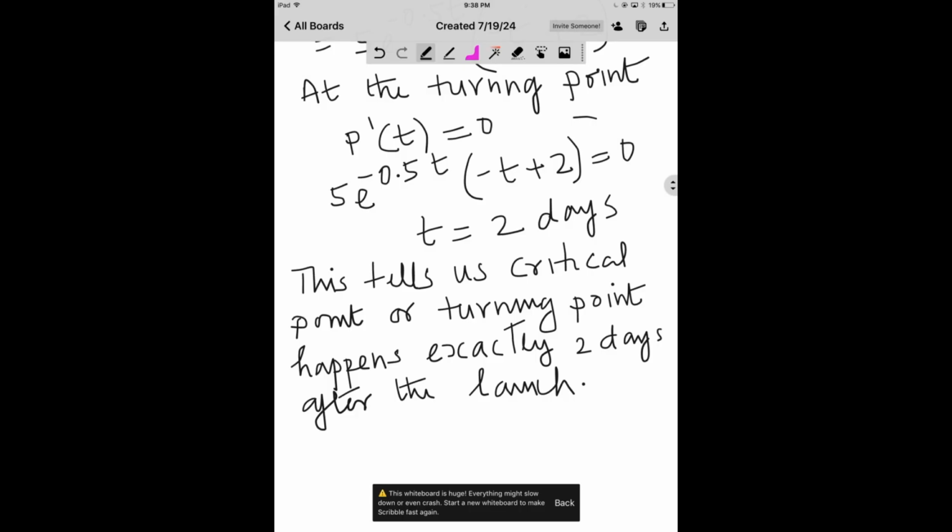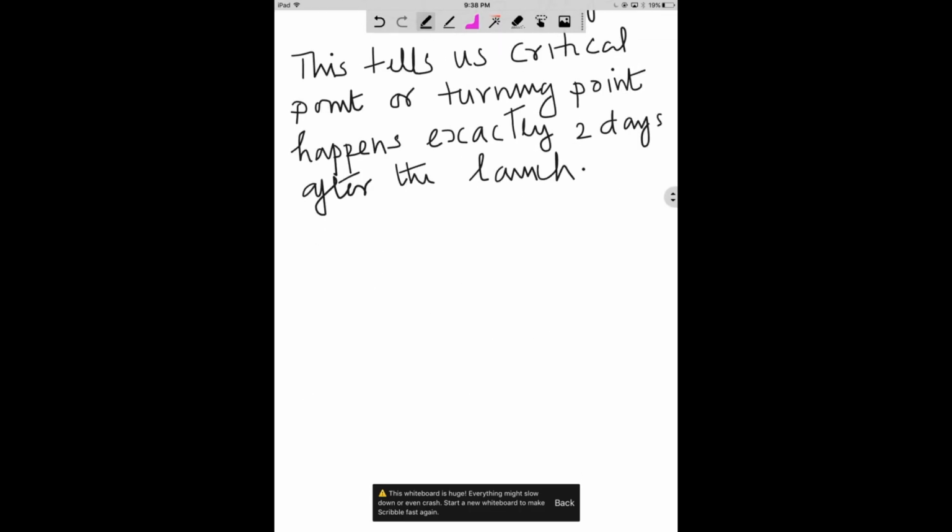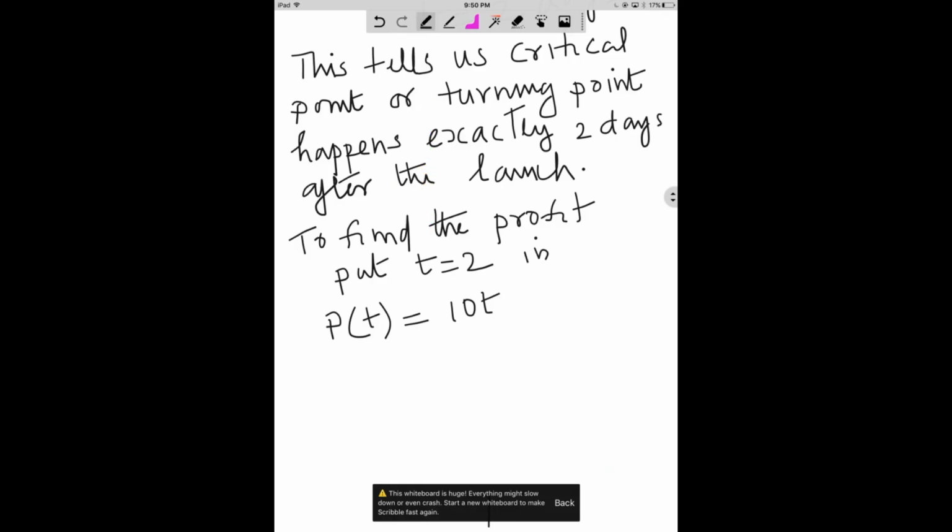Next, to find the maximum profit, put t equal to 2 in the equation, that is P(t) is equal to 10t e raised to negative 0.5t.